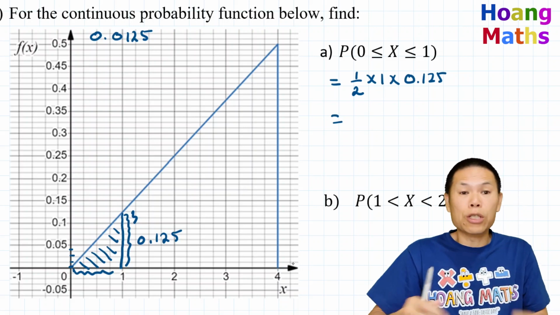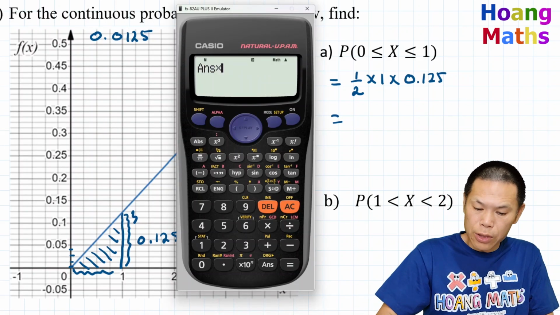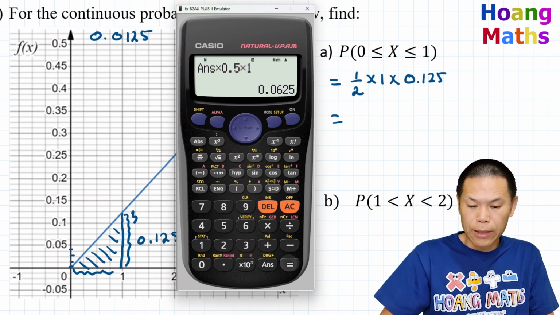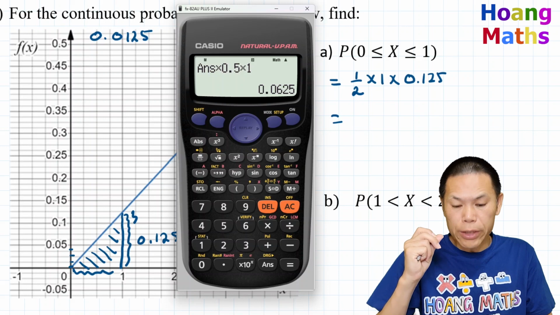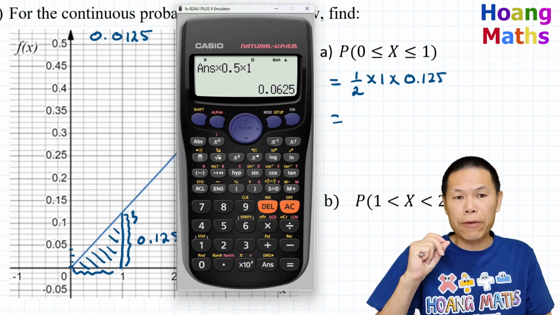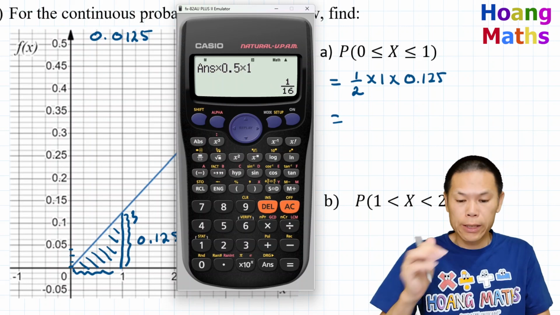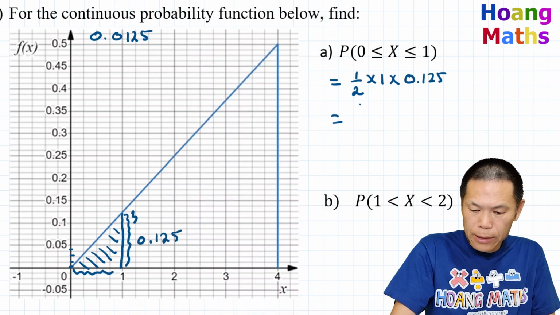Now I put it on the calculator: answer times 0.5 and we times 1. There you go, 0.0625. But it's better if we write it in fraction form, so I press the SD button. So 1 over 16. The answer is 1 over 16.